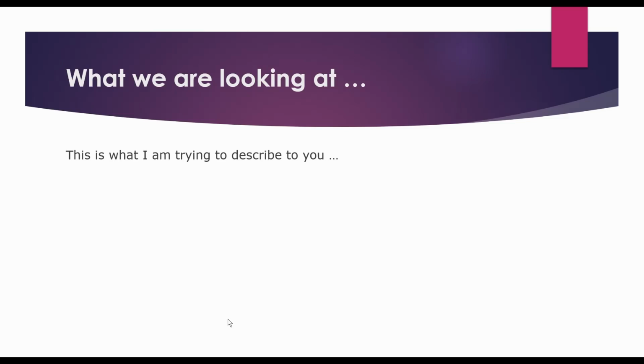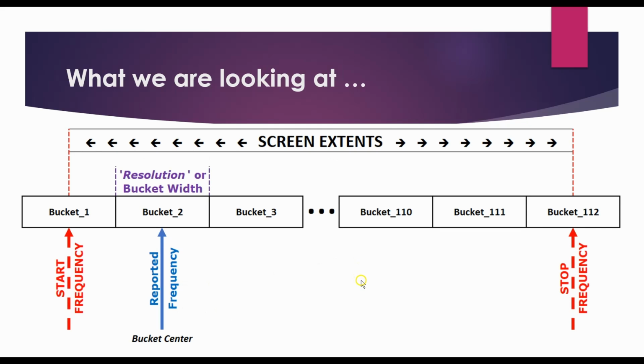What I've been trying to describe to you on the board is this picture here. We have the screen extents. This is what you actually see on your screen. We have the start frequency over here. We have the stop frequency over here. And dead in the middle is the center frequency.